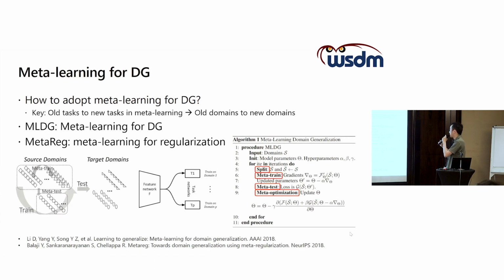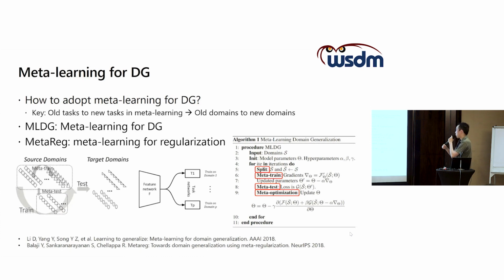Therefore, we can have the support set as well as the query set for this original meta-learning. But for meta-learning for domain generalization, the data for the target domain is actually not available during the training stage.